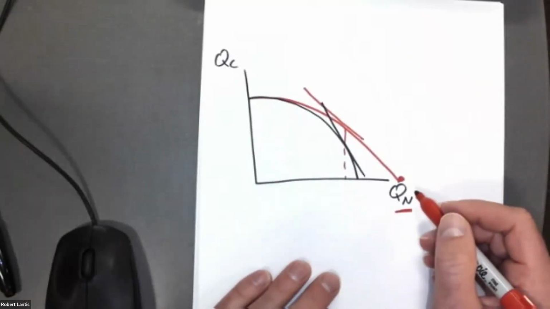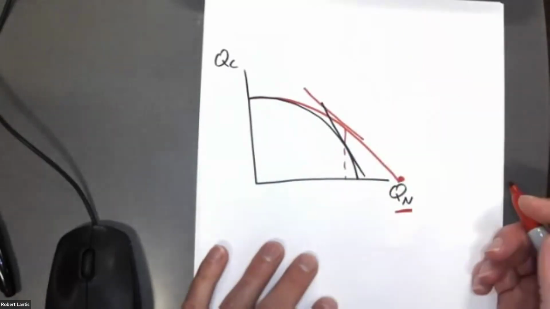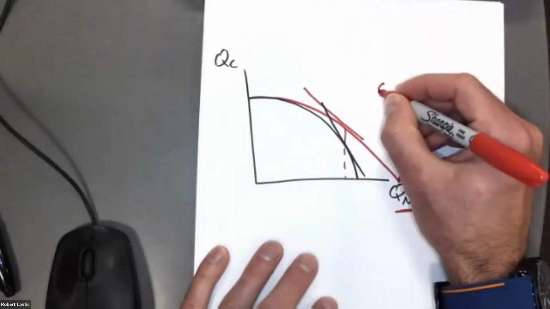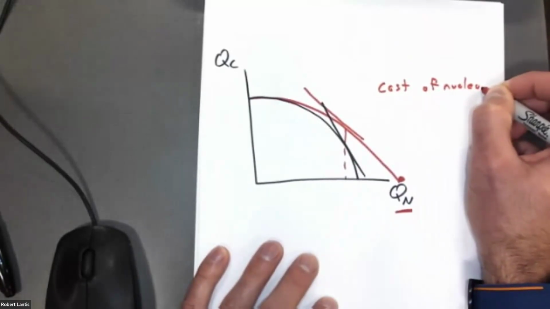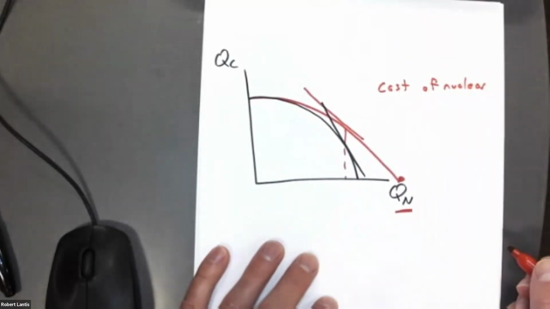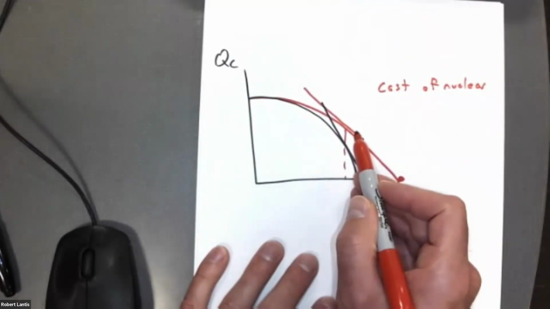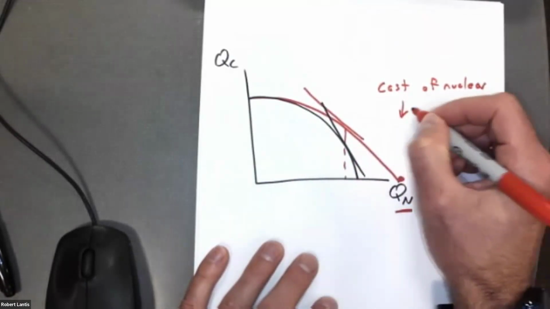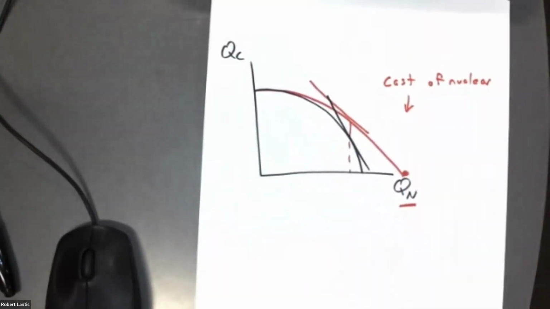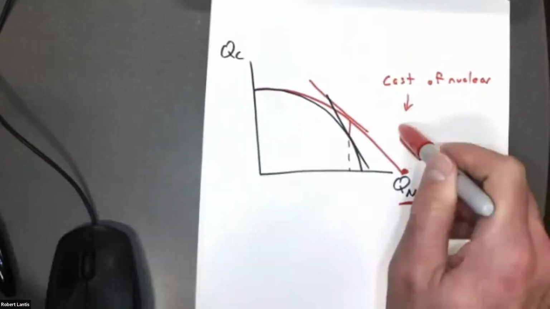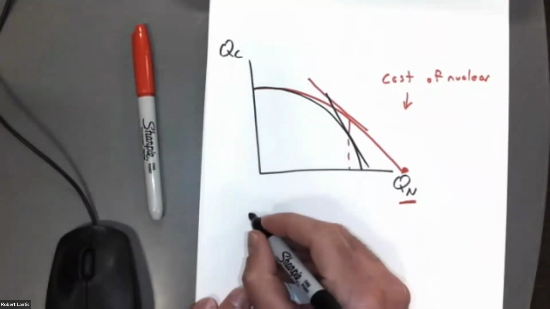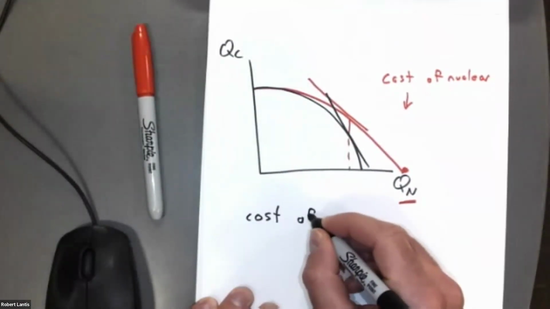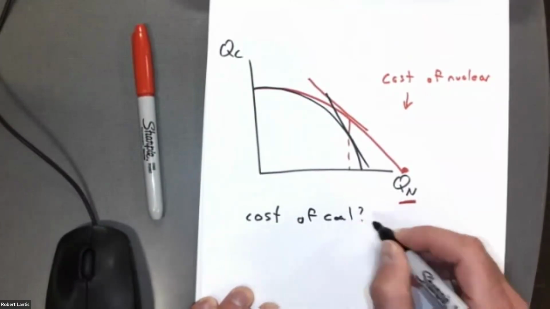I think that's what the actual question asked. But an additional question I could ask is, what's happening to the cost of nuclear power? Well, this is flatter, it's closer to zero, so the cost of that good that had the advancement in technology is going down. Follow-up question: what's happening to the cost of coal power?